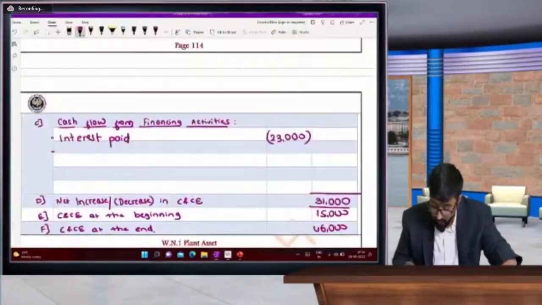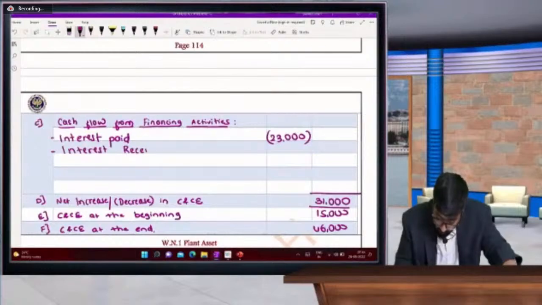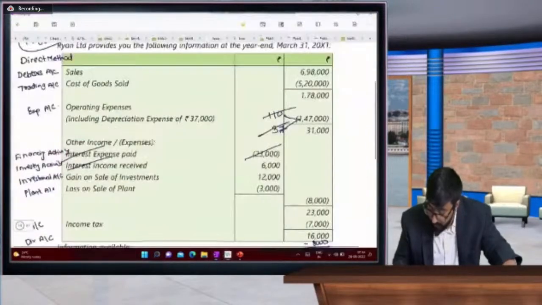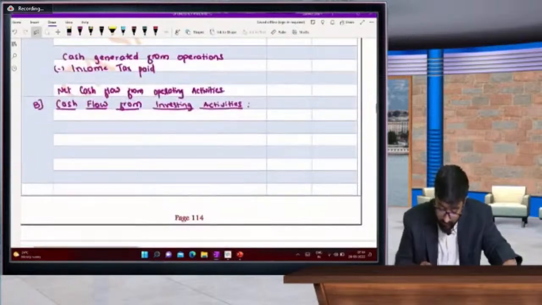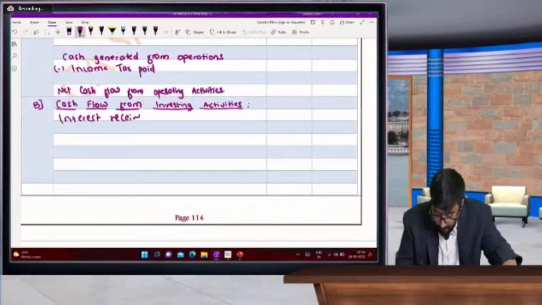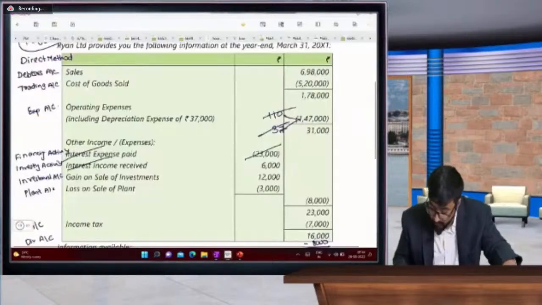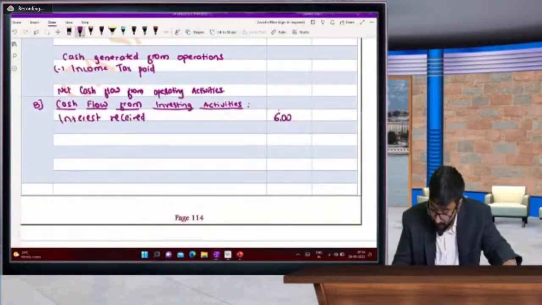Interest received is, sorry, why am I writing here, investing activity. Interest received 6,000. Inflow.